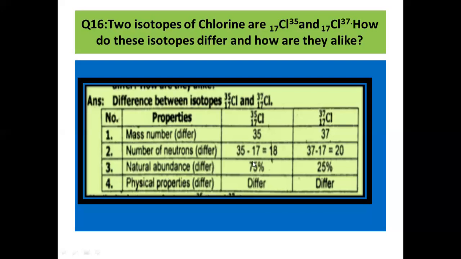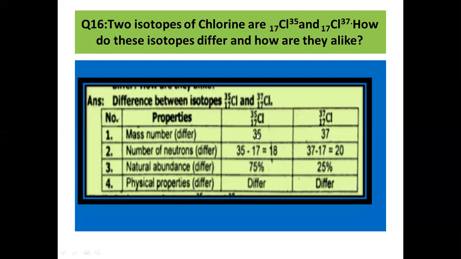Natural abundance means in the atmosphere, chlorine 35 is abundantly present, or present in a higher percentage, that is 75%, while chlorine 37 is present in a lesser percentage, that is 25% only. Physical properties, I told you, depend upon the mass number or the number of neutrons.